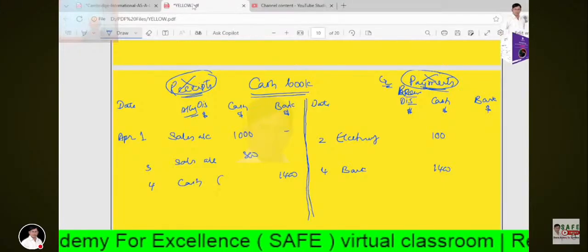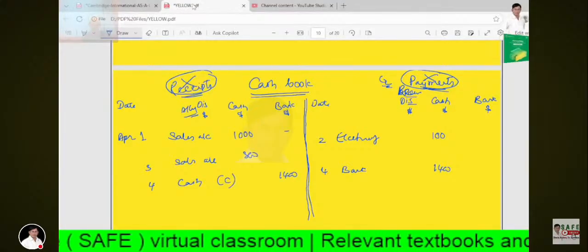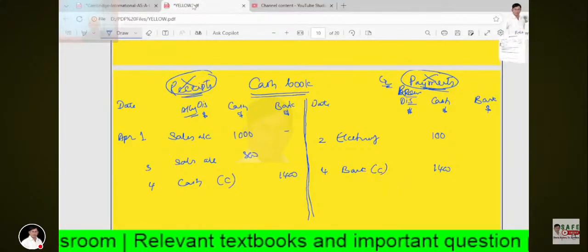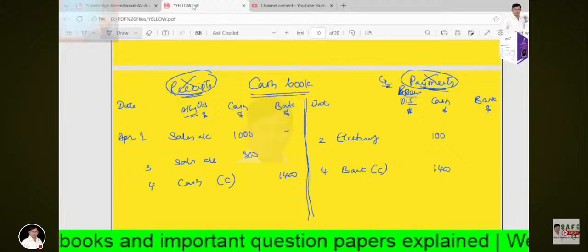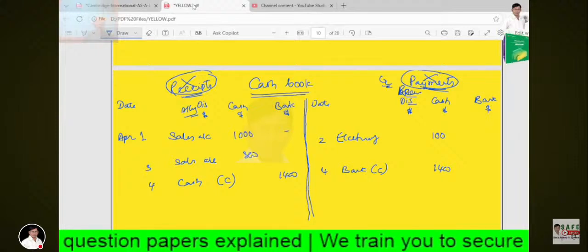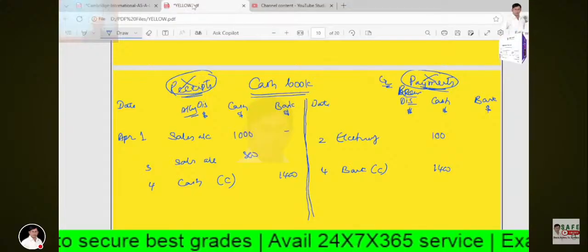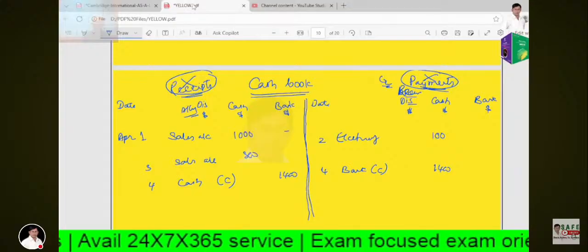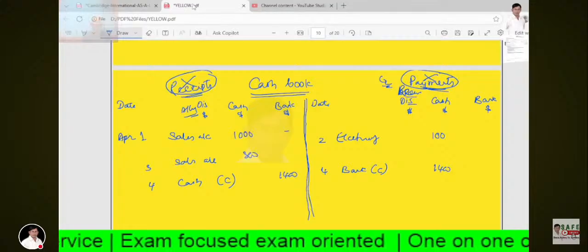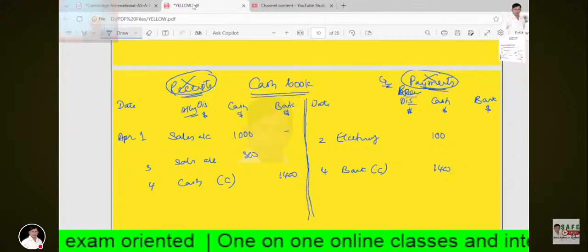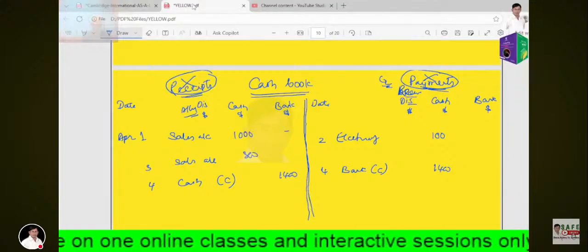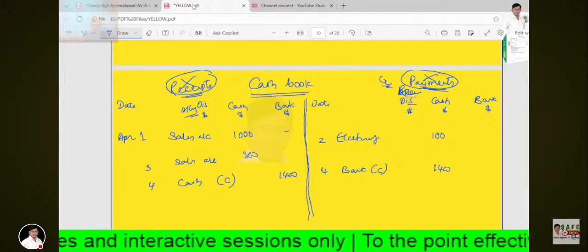And this is called contra, so you write C here. Contra means it is affecting both the cash account and the bank account on opposite sides. This entry goes nowhere else, only into the cash book and bank book. That's why it's called a contra entry. Contra entry means money is going out from cash and coming into bank.